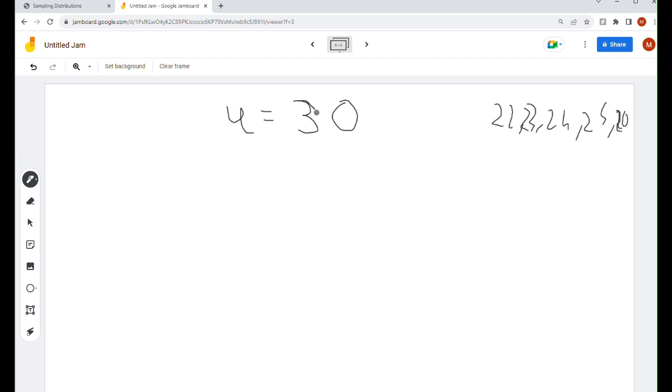If we know that the average age is 30, we'd expect that our sample would typically not be too far off from 30, maybe not exactly 30, but not too far off, right? So let's say we took like 5 different samples, right? Let's draw a quick graph here. So we took 5 different samples.